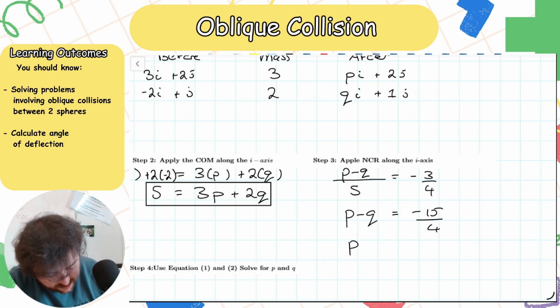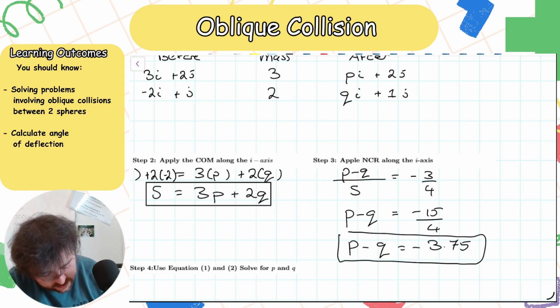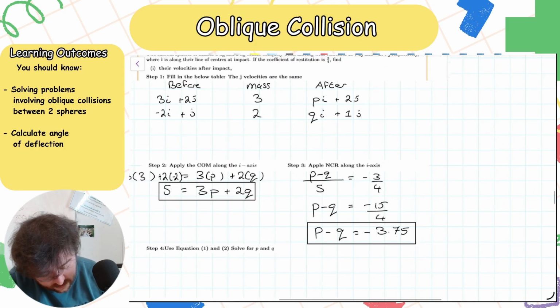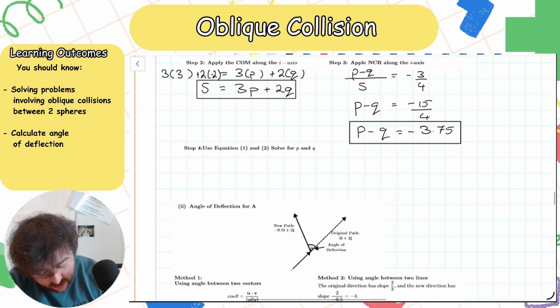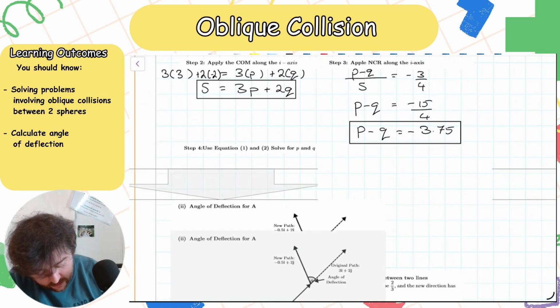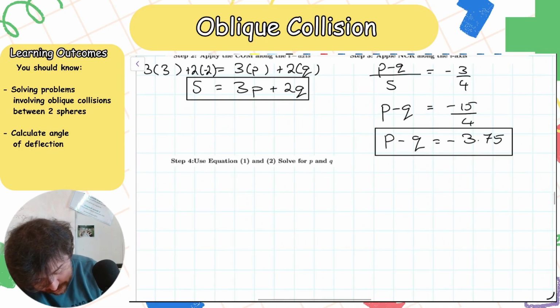Right, which is equal to p minus q is equal to minus 3.75 if you don't feel like working out with fractions. So now we solve these two equations for p and q. So 3p plus 2q is equal to 5.